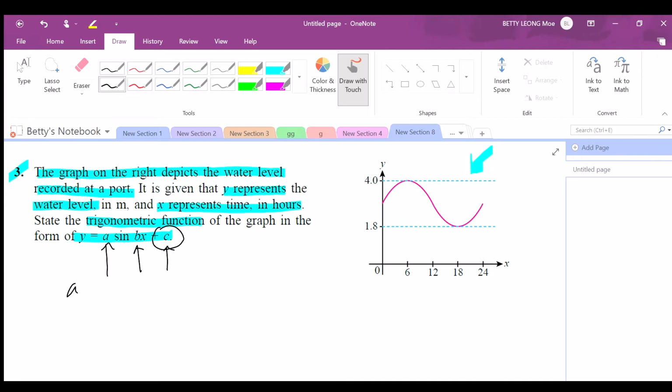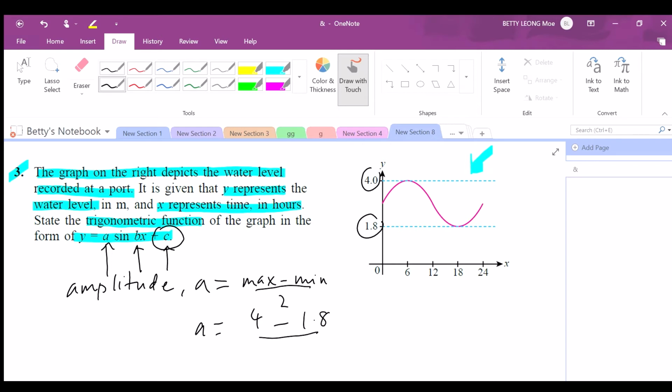So from this graph you can find the amplitude. Amplitude is the formula maximum minus minimum over 2. So the maximum is 4. You minus with the minimum 1.8, divide by 2.